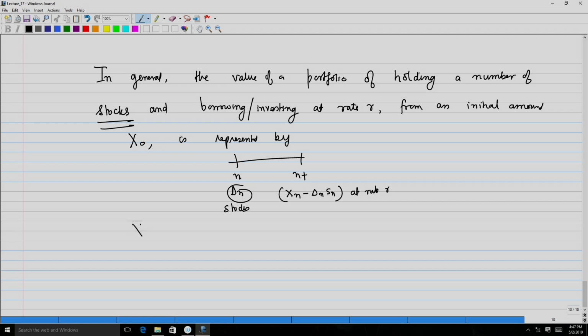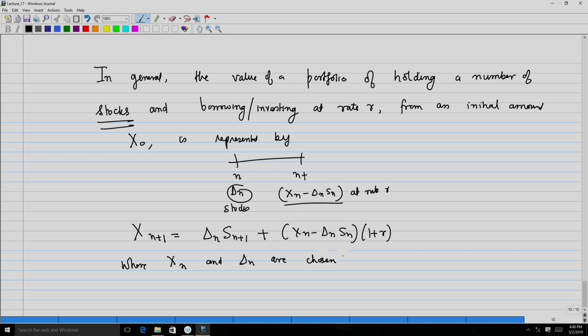So, its valuation at time n plus 1 will be the value of the stocks, price of each stock s n plus 1 multiplied by the delta n number of stocks you had purchased, plus the amount of x n minus delta n s n that was invested at rate r, which has now grown by a factor of 1 plus r, where x n and delta n are chosen for replication.